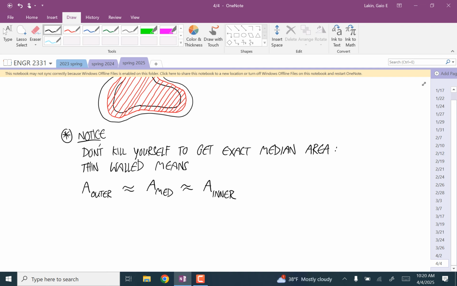One other thing to notice here is, like for a circular cross section, remember there was that rho value in the calculation. The effect of that is that you're always going to have a bigger stress as you go closer towards the edge of the cross section.